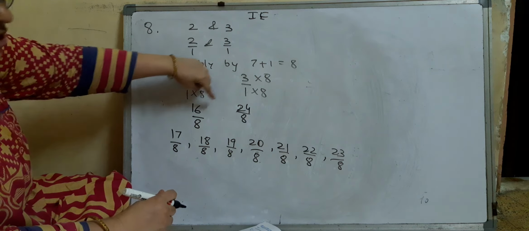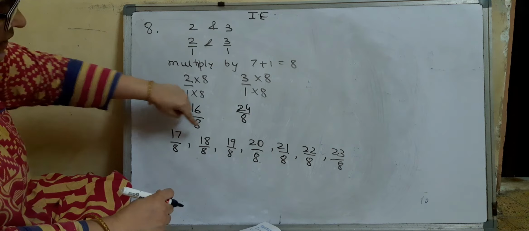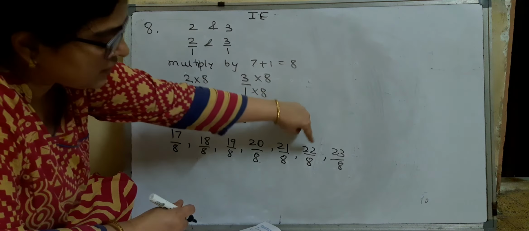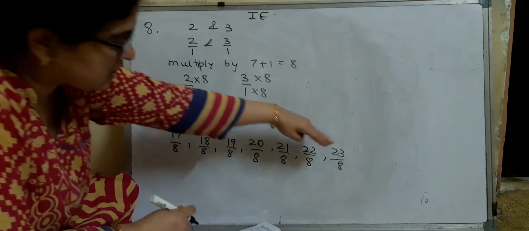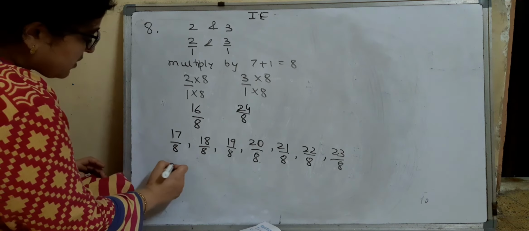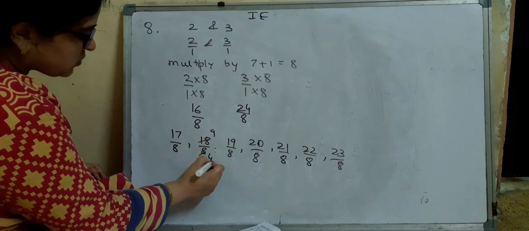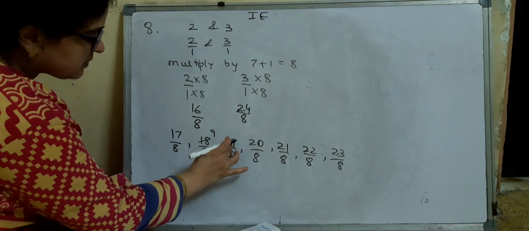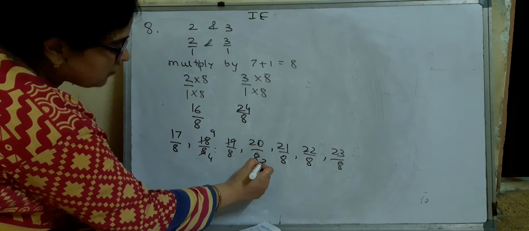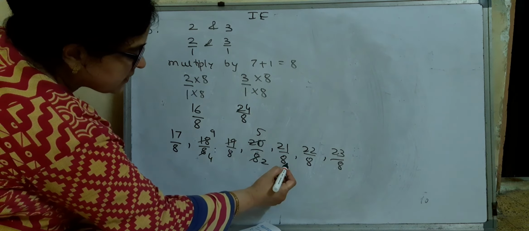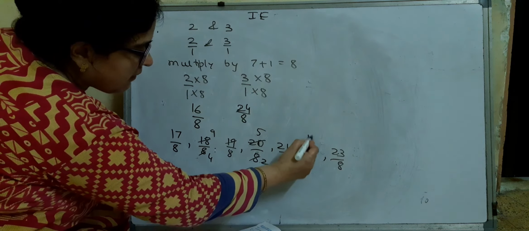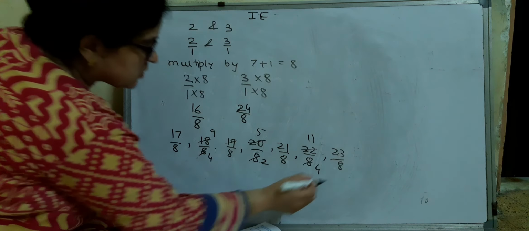The numbers between 16 and 24 are 17, 18, 19, 20, 21, 22, 23. These are the 7 rational numbers you got. Now after cutting: 17 upon 8, no cutting. 18 upon 8 becomes 9 upon 4. 19 upon 8, no cutting. 20 upon 8 becomes 5 upon 2. 21 upon 8, no cutting. 22 upon 8 becomes 11 upon 4. 23 upon 8, no cutting.